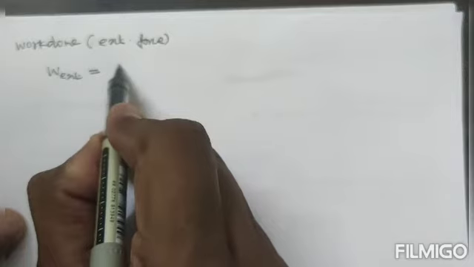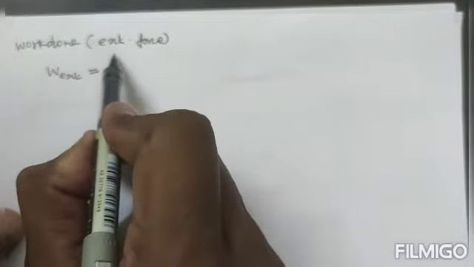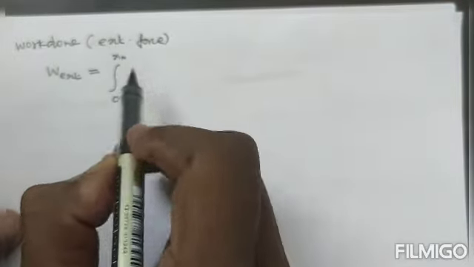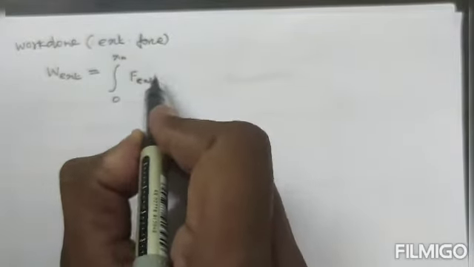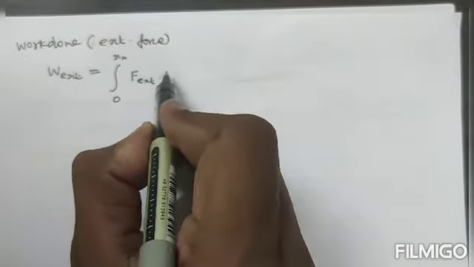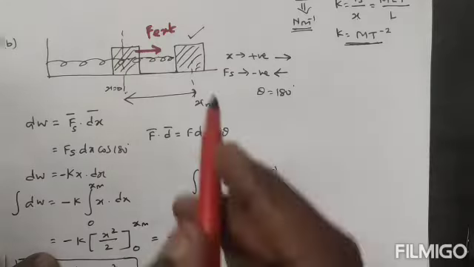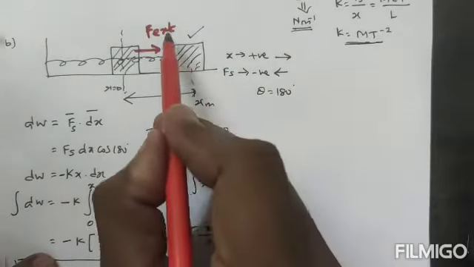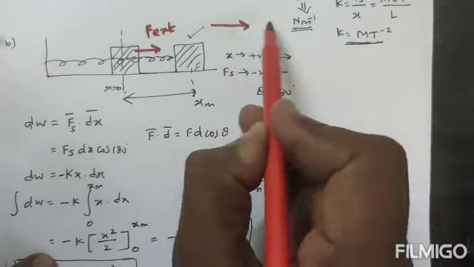so generally, work done is force into displacement, displaced from 0 to xm position. But here it is not the spring force; we write the external force into dx. Let us imagine this is the external force, and its direction is this side.